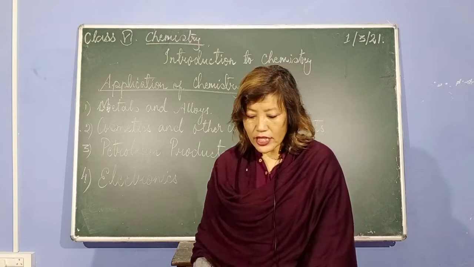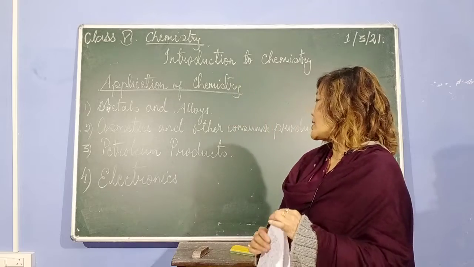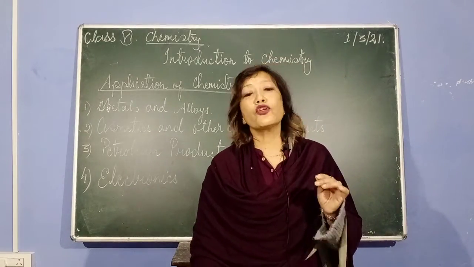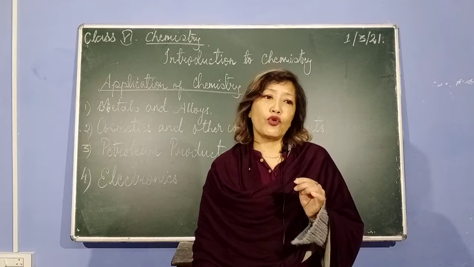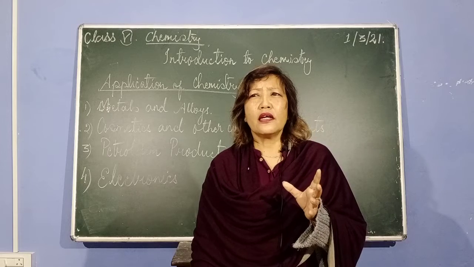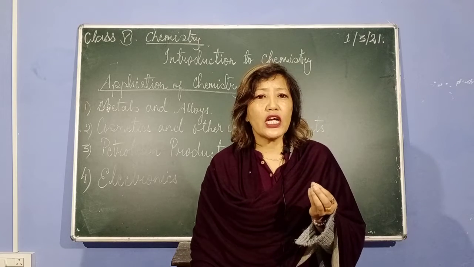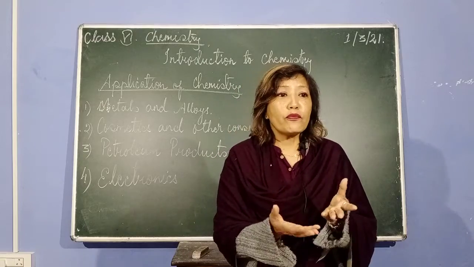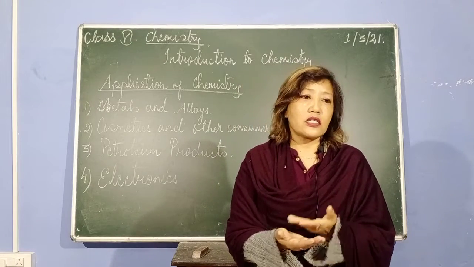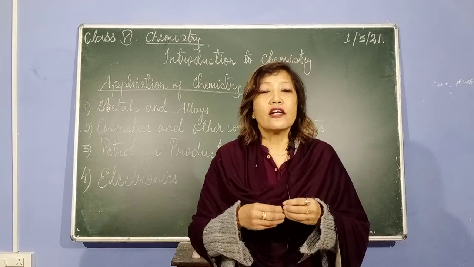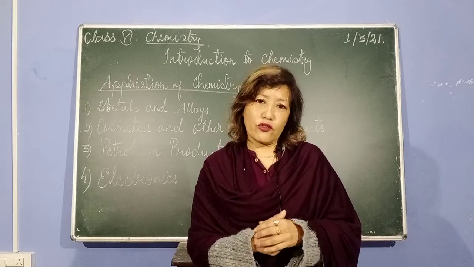Okay? Then the next field we are going to discuss is petroleum products. Now what do you mean by the term petroleum? Petroleum is a naturally occurring liquid which is found beneath the earth's surface, and it is refined into fuels.